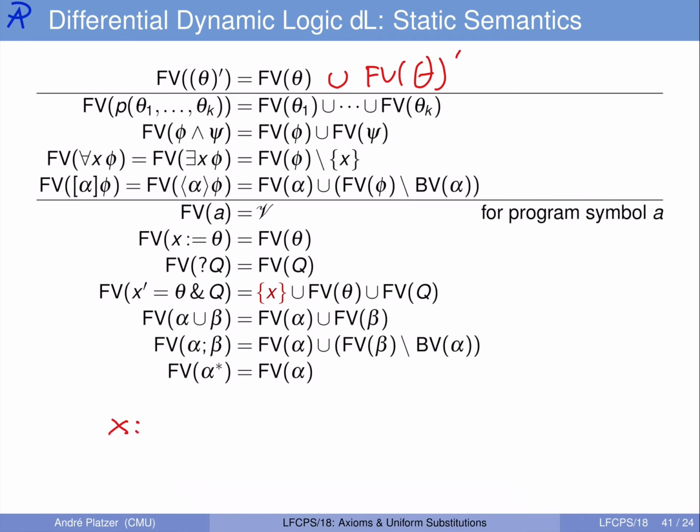For example, this program is reading x in order to write to x, and it doesn't have to do so on every path, because if we run the left-hand side, we are guaranteed to write to x. If we run the right-hand side, we're totally not guaranteed to write to x. In fact, we won't.